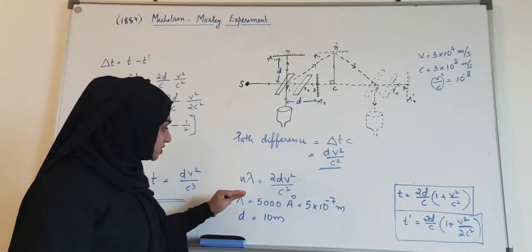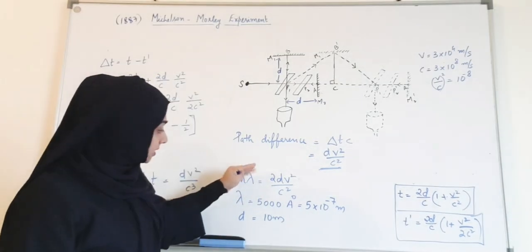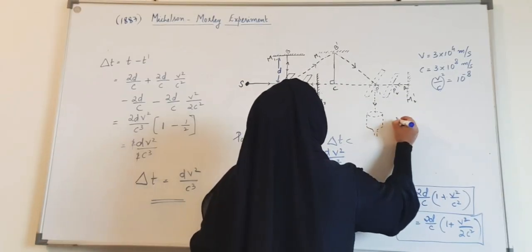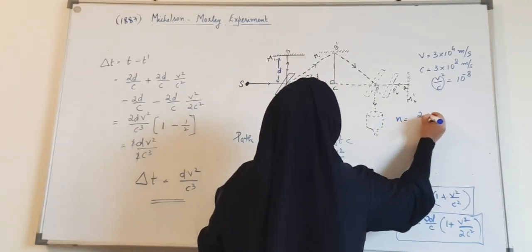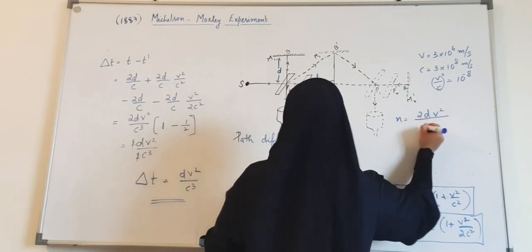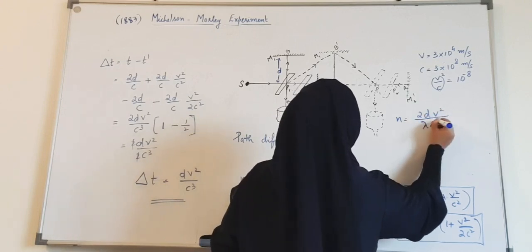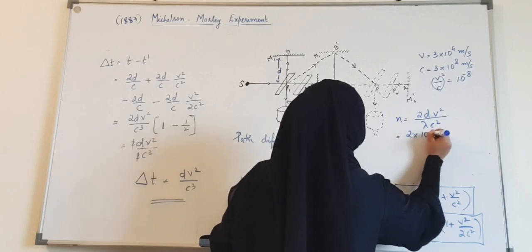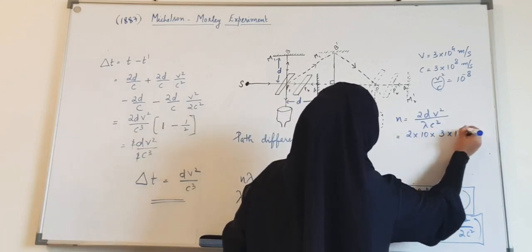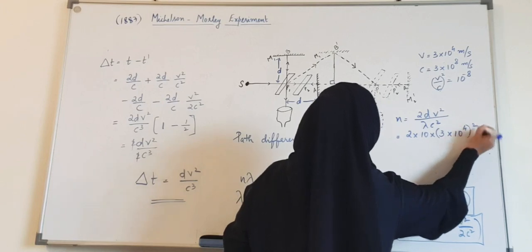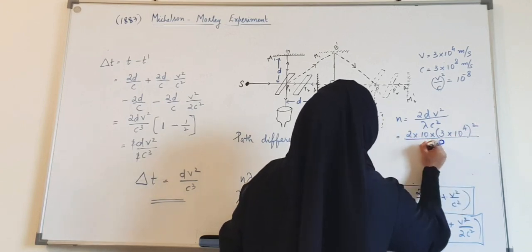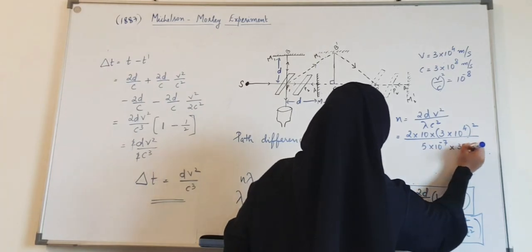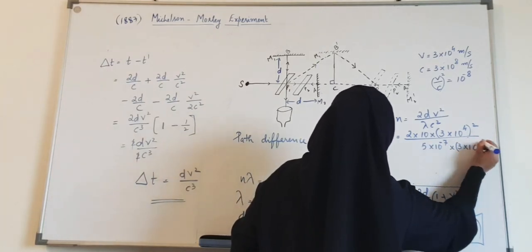Now if we substitute all these values here, we will get n equal to 2d v square divided by lambda c square. So substituting all these values, 2 times 10 times (3 into 10 raised to 4) the whole square divided by 5 times 10 raised to minus 7 times (3 into 10 raised to 8) the whole square.